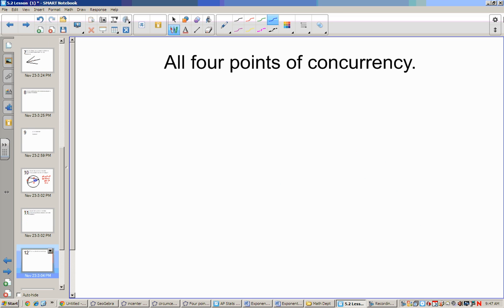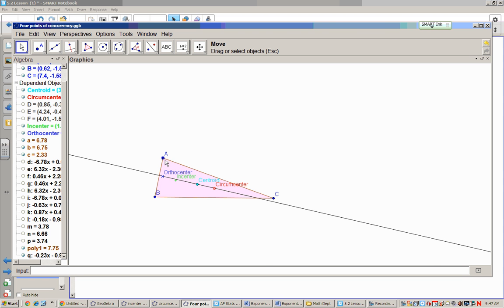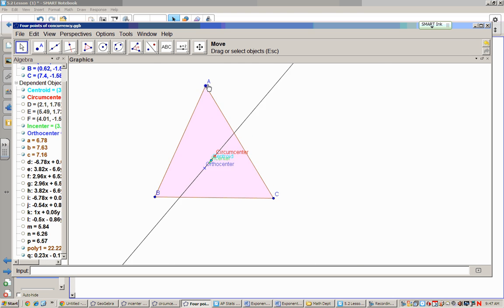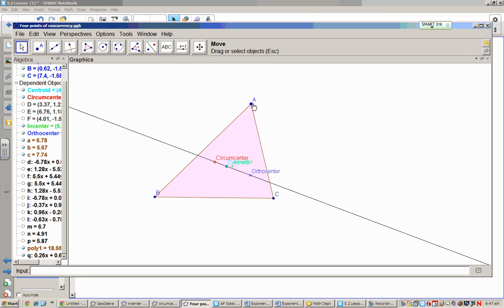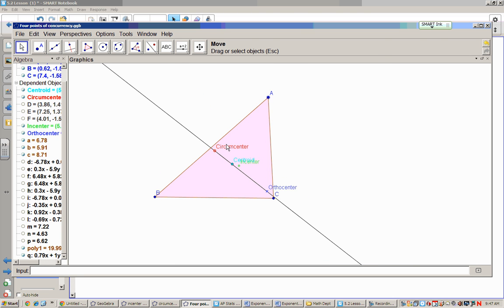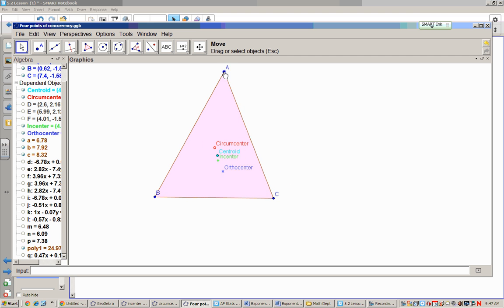Now if we look at all 4 points of concurrency, I can pull this up and you can see that I have all 4 points here. I have circumcenter, centroid, incenter, and orthocenter. As I move these around, if I make an isosceles triangle like this, notice what happens to all these points.